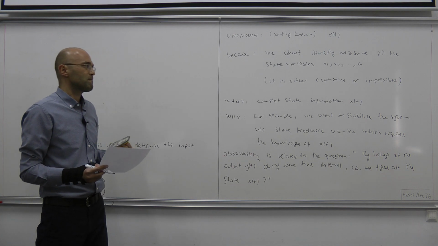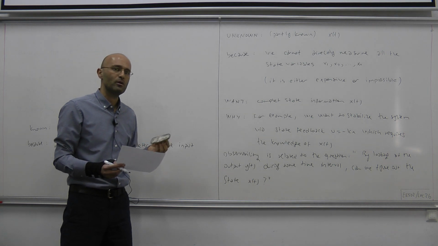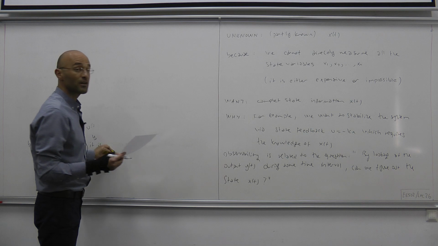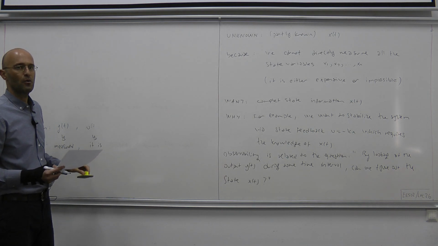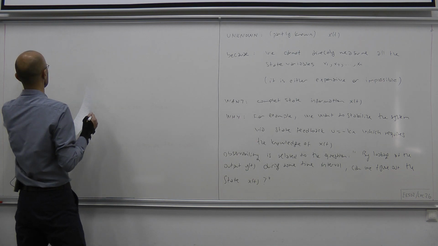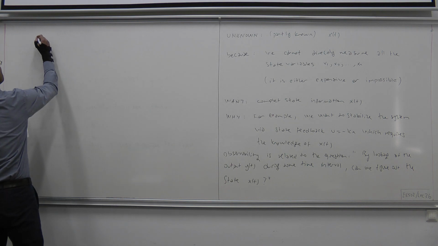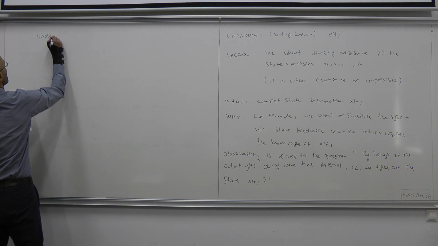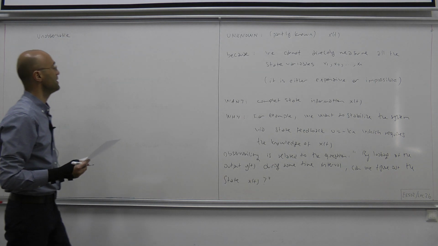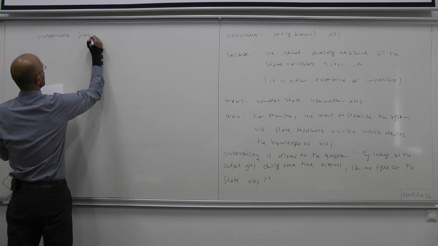We have to define what is unobservable, and then once what's unobservable is made clear, then we can move on to what observable is. Okay, so this is the first object that we introduce in order to study observability, namely unobservable subspace.